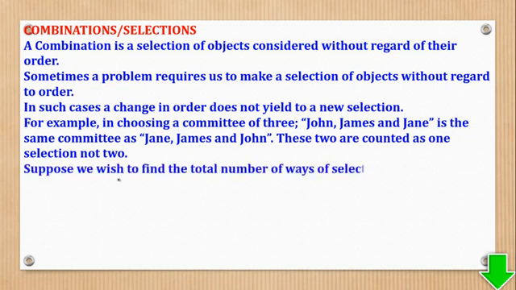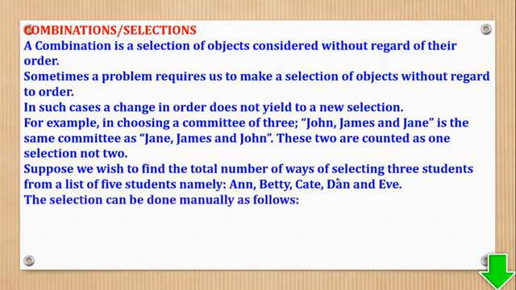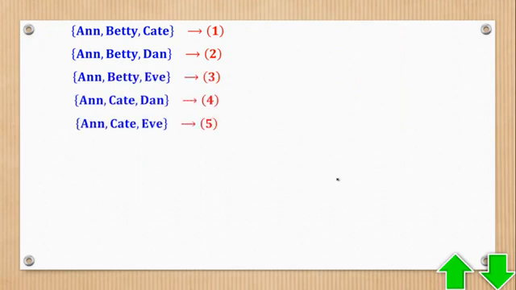Suppose we wish to find the total number of ways of selecting 3 students from a list of 5 students, namely Anne, Betty, Kate, Dan, and Eve. How can this be done? If you want to do it manually, it will become hectic, but let's try it and see. Manually, we pick this selection, this selection, and this selection.